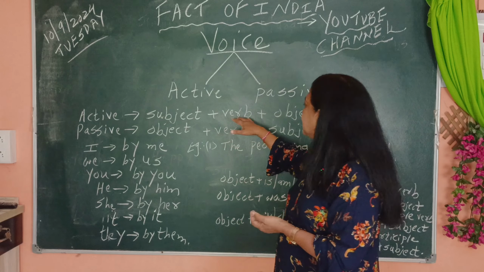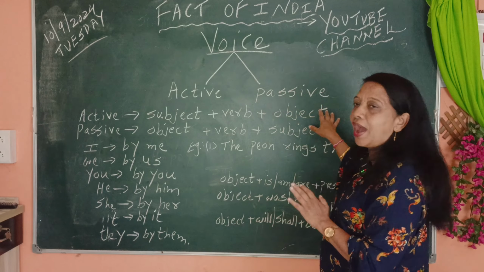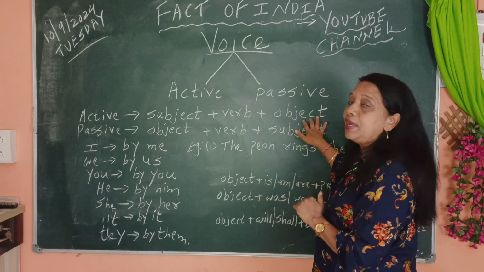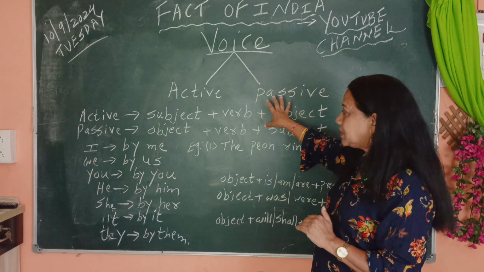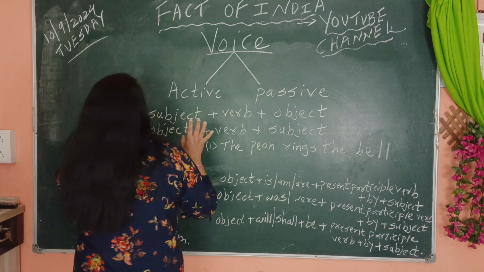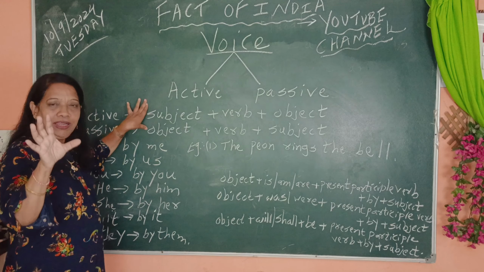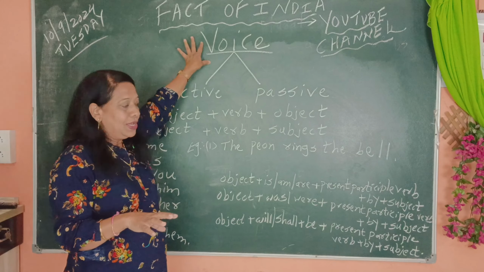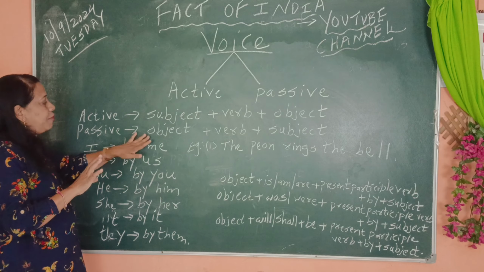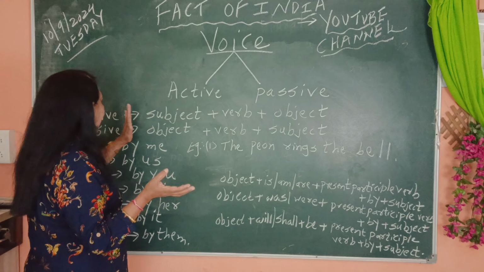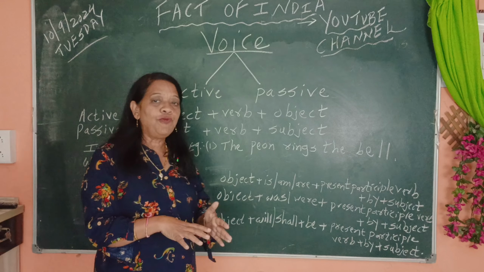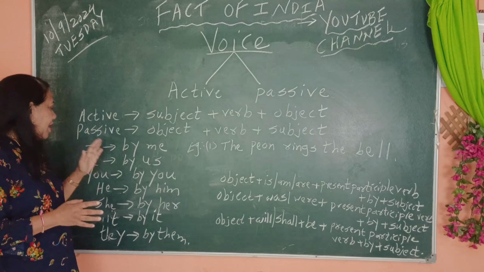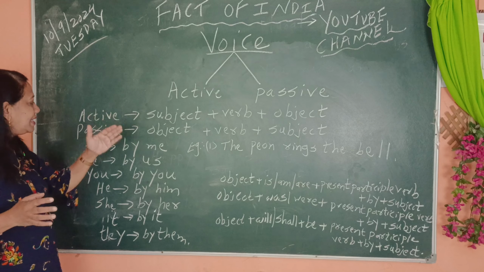And when we ask a question with what and whom, we get the object. In active narration, subject is first, then verb and object, and in passive narration, object comes first, then verb, and then subject. So you all are clear with it.